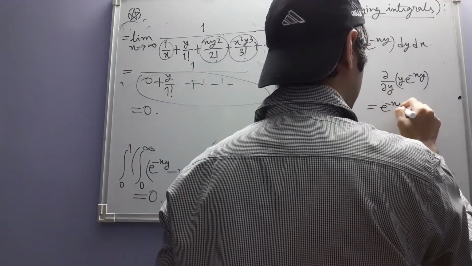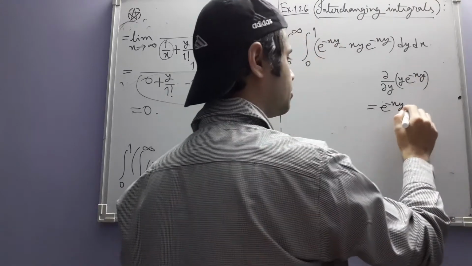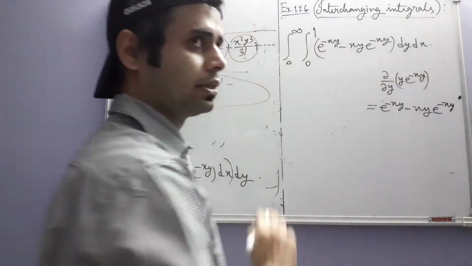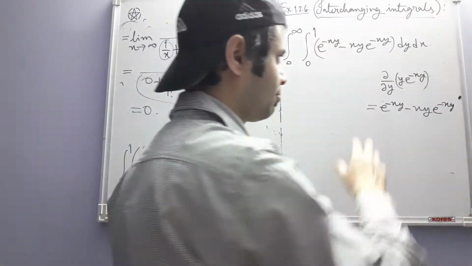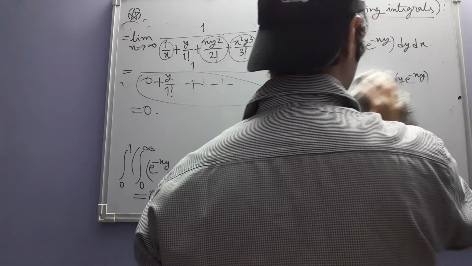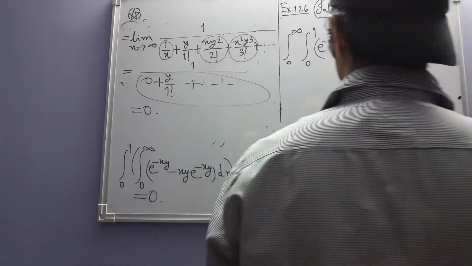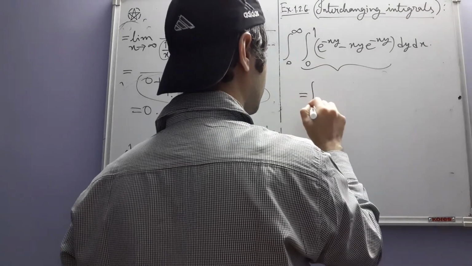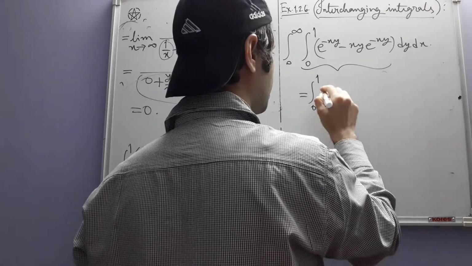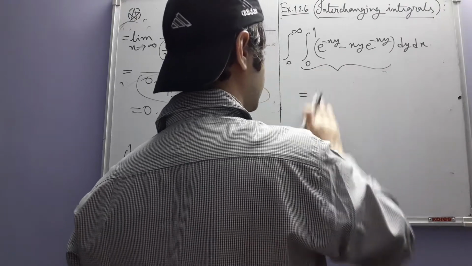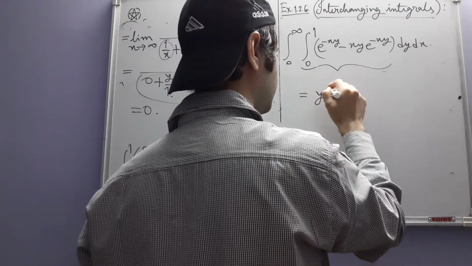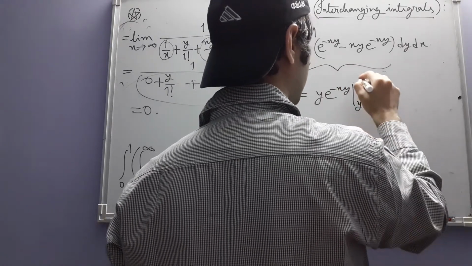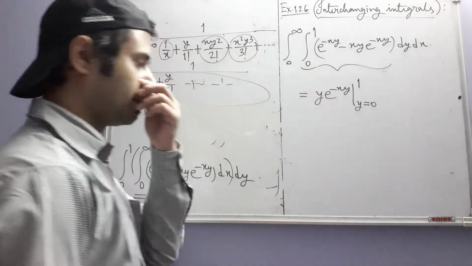E to the power minus xy minus, now x is considered to be constant, so xy e to the power minus xy, that same integrand we are getting. But now the function from which we are getting that integrand, that is different. So for the inner integral, this is 0 to 1. It's y times e to the power minus xy, where y is changing from 0 to 1.